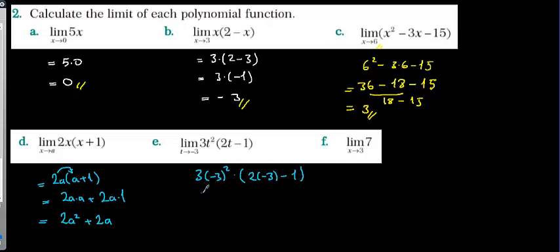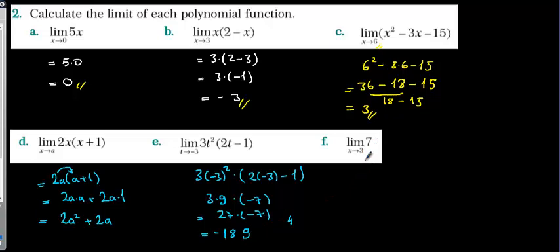That is 3 times 9 times (minus 6 minus 1), which is minus 7. 27 times minus 7 is equal to minus 189.